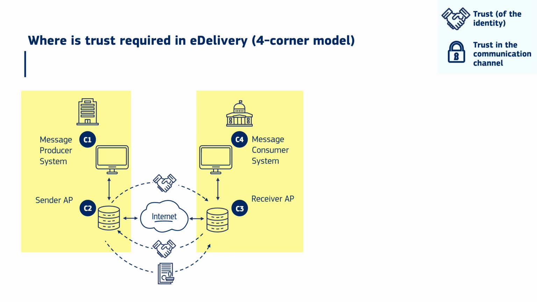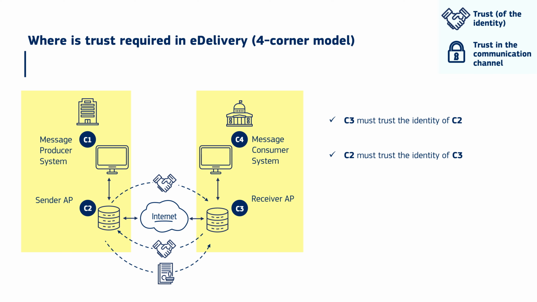the certificate. We understand by now that trust in a message exchange is strongly linked to the idea of trusting the identity of a given participant. The following trust relations are required. The receiver access point, corner 3, must be able to trust the identity of the sender access point, corner 2. The sender access point, corner 2, must be able to trust the identity of the receiver access point, corner 3.